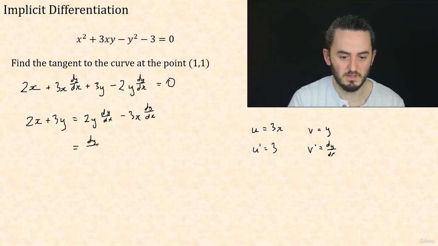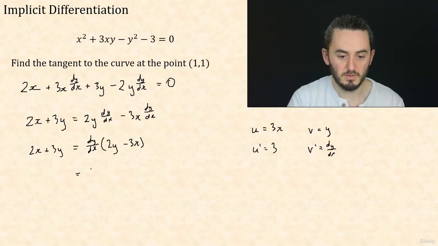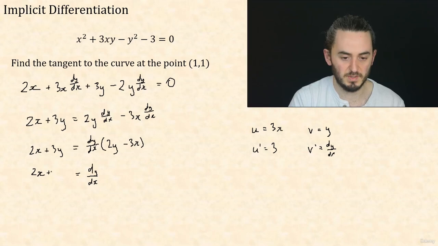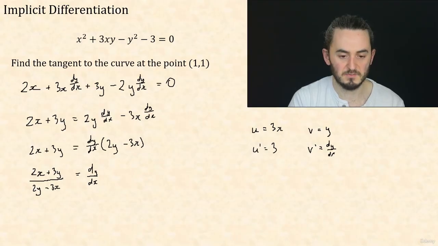So dy by dx, and it's 2y minus 3x, and that's what equals 2x plus 3y. So we've now got our derivative by just dividing through by 2y minus 3x. It's 2x plus 3y all over 2y minus 3x.